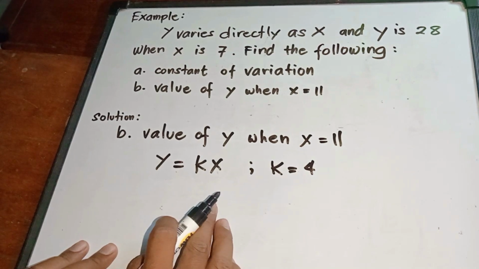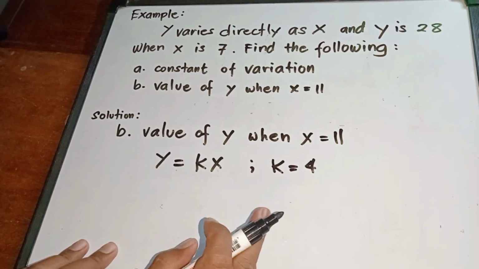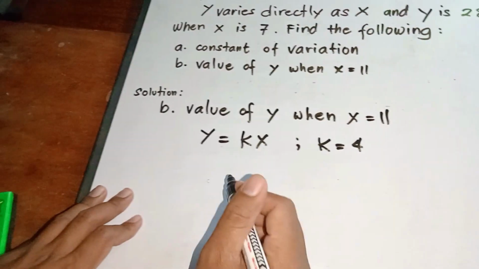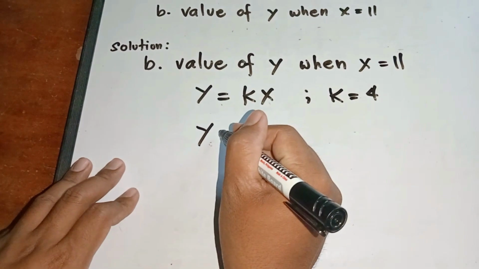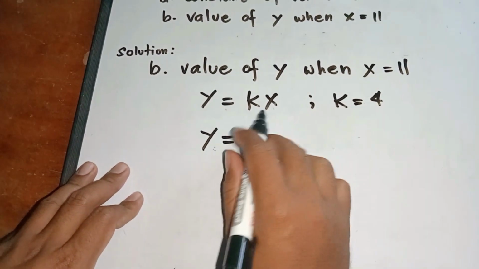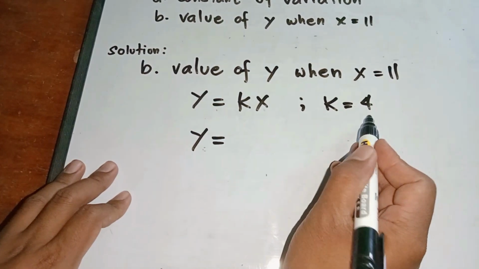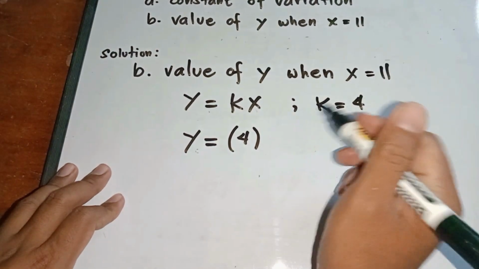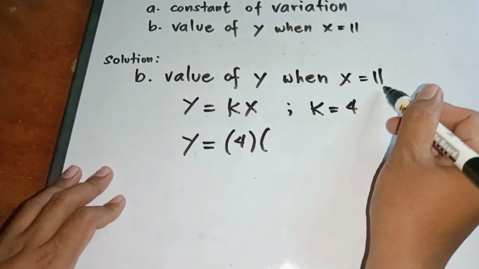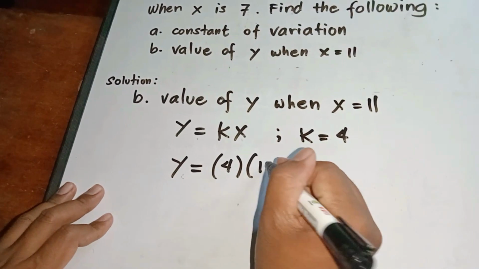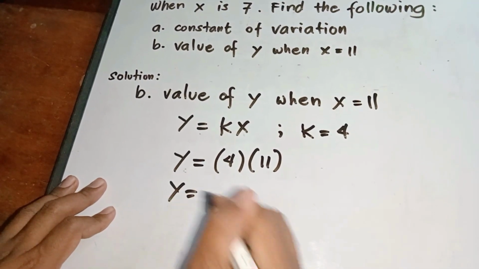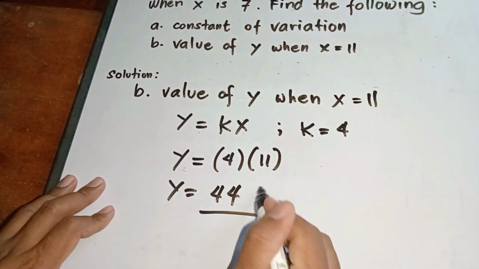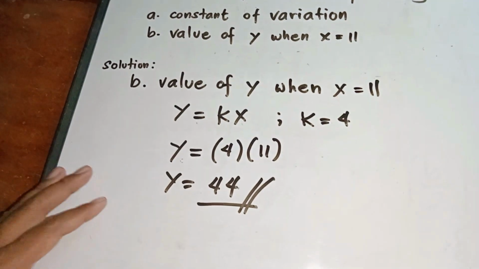So, the value of y when x equals 11. So, mangyayari, we have y by substitution equals kx. So, yung value ng k natin ay 4. So, palitan lang natin yung k ng 4, and then multiply by the value of x which is 11. So, y equals 4 times 11, which is equal to 44. So, that is the final answer.